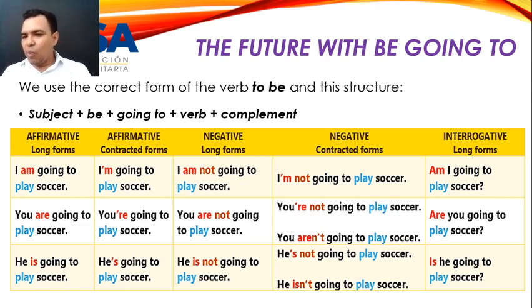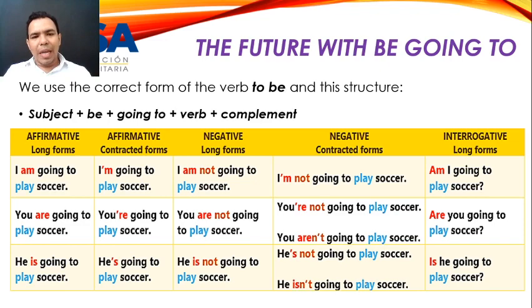When we get to the questions, remember, in questions, you need to place the verb to be at the beginning of the question, and then the subject and the expression going to, the verb, etc. Am I going to play soccer? Are you going to cook dinner tonight? Is she going to finish this book today or tomorrow?